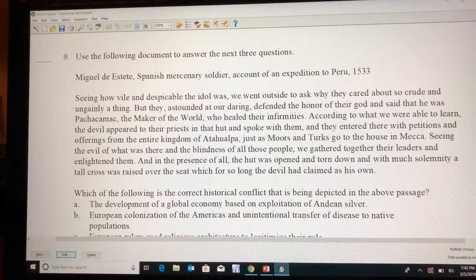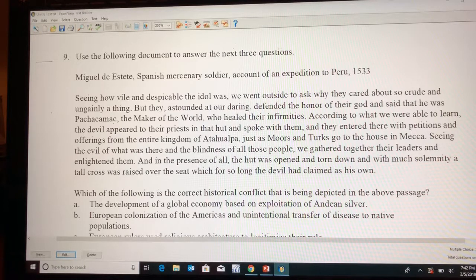"But they, astounded at daring, defended the honor of their God and said he was Pachacamac, the maker of the world, who healed their infirmity." So the natives are saying, hey, this is a good God. He heals us. "And according to what we were able to learn, the devil appeared to their priest in the hut and spoke with them. And they entered there with petitions and offerings for the entire kingdom, just as the Moors and the Turks go to the house in Mecca."